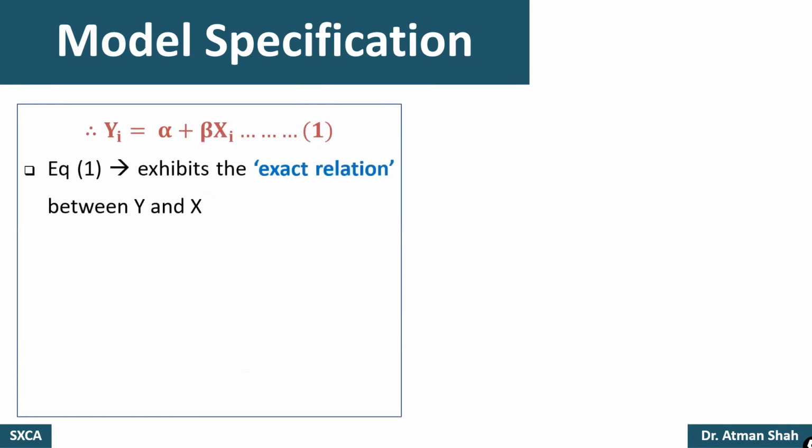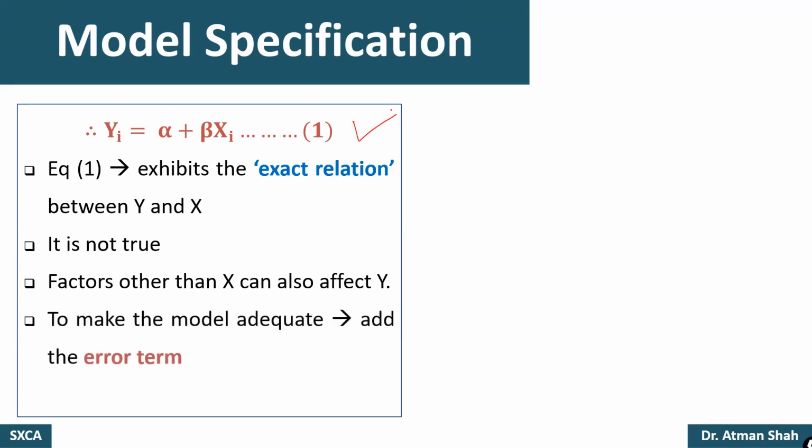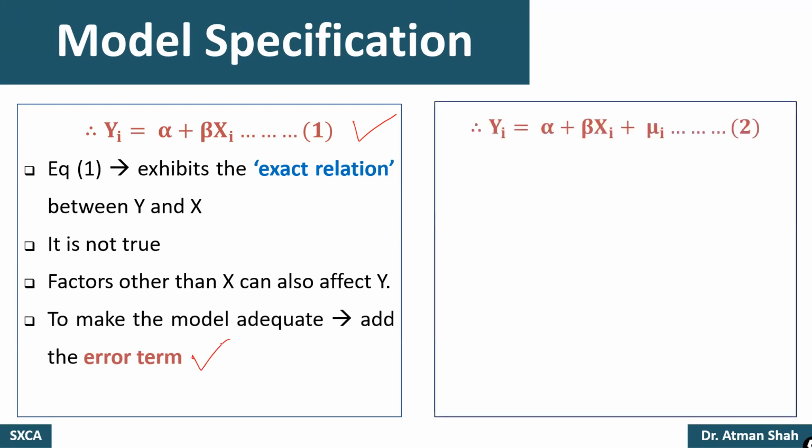Now here this equation exhibits the exact relation between y and x. It is not true. Factors other than x can also affect y, but this equation says that all variation in y can be explained with the help of x. So to make this model adequate, we add error term. After adding the error term, we have this equation: Yi is equal to alpha plus beta xi plus mu i.